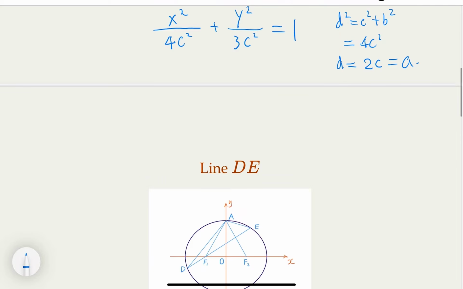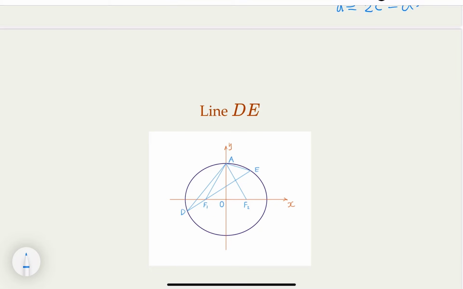So now, first of all, we know that the triangle A, F1, F2 is regular. And in the regular triangle, if I have a perpendicular line, this perpendicular line is going to be the bisector, and the two sides are equal to each other. So this is very important. Let me change the color here.